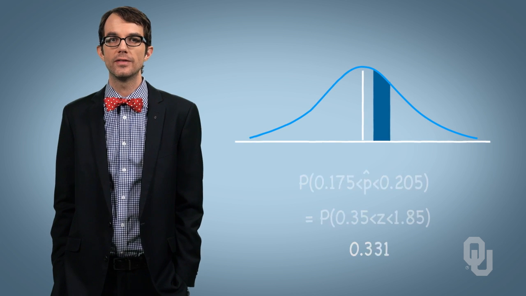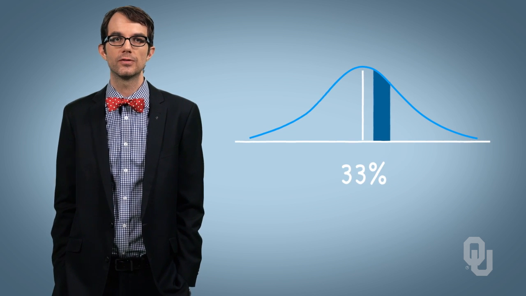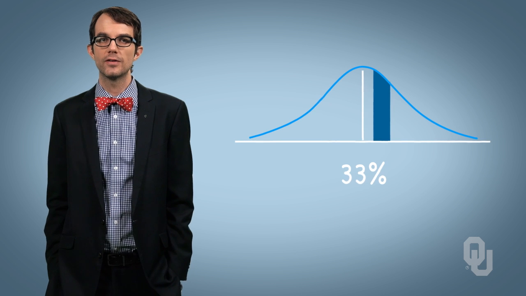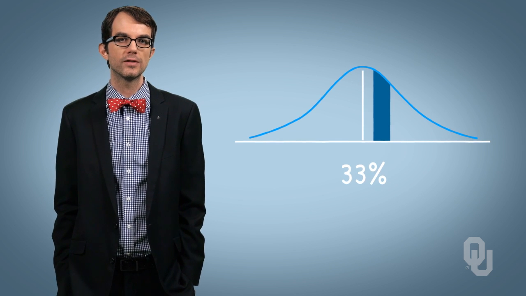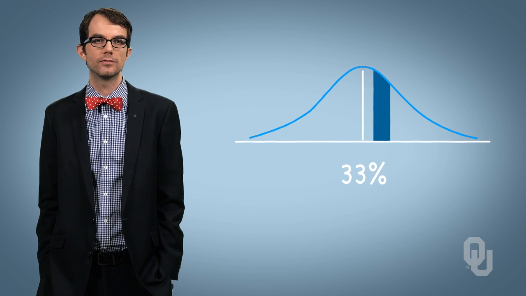That is, we estimate that 33% of our samples of size 350 bridges will have a sample proportion between 0.175 and 0.205. So we've taken our knowledge of sampling distributions and the central limit theorem and turned that into an ability to find the probabilities of intervals on the sampling distribution using the standard normal distribution. This is an important step in the methods of statistical inference that we'll discuss in later videos.